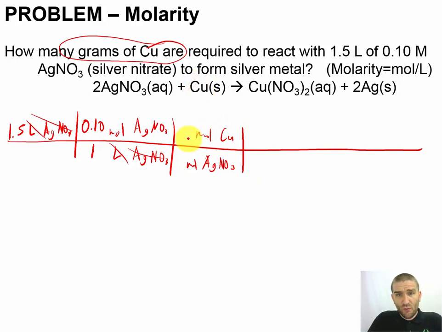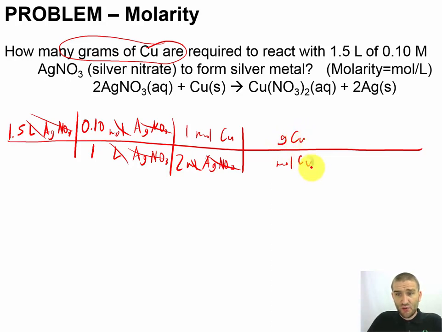We come up here, I have 1 mole of copper for every 2 moles of silver nitrate. Moles of silver nitrate cross-cancel. I'm currently in moles of copper. Let's check to see if we're at our endpoint yet. We're pretty close. We want to get to grams of copper, and right now we're in moles. So I need to convert from moles into grams of copper.